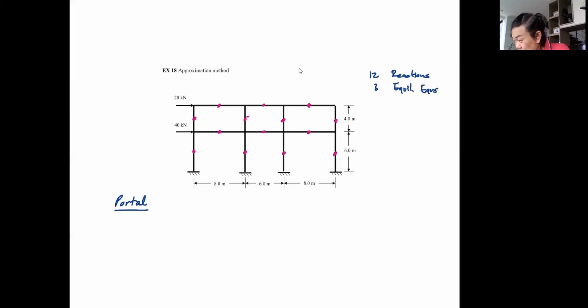And we have added how many hinges? 1, 2, 3, 4, 5, 6, 6 plus 8, 14. The number of reactions is not enough because this is only the external unknowns. We have 9 more internal unknowns we have to add to that. We have 6 plus 8, so we have 14 hinges.